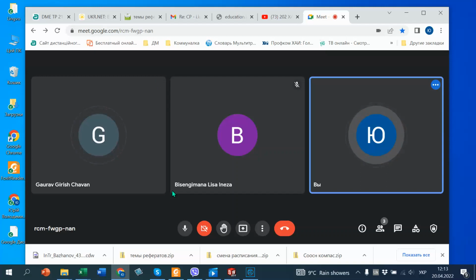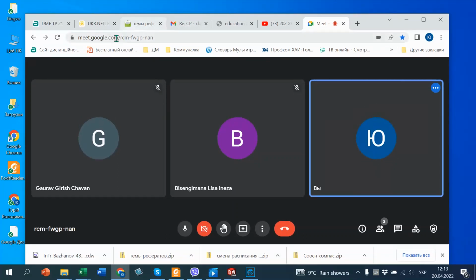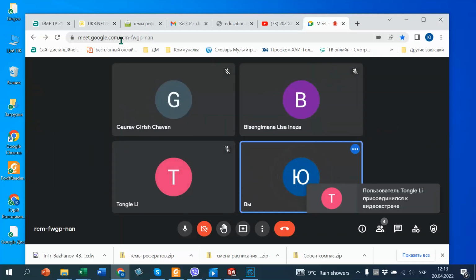If you save this link, it is the same each time. Meet Google. This link is the name of my classroom, so you can save it for later.